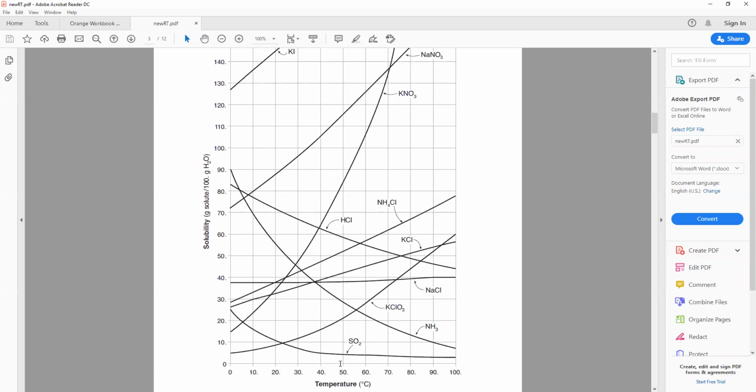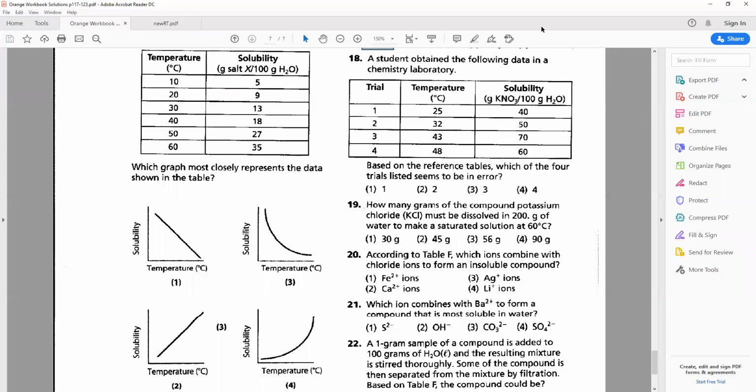Sorry, 48, and we're looking at KNO3, and we're going to see that it should be 84, not 60. Therefore, the answer is 4. It shouldn't be 60, it should be close to 80.